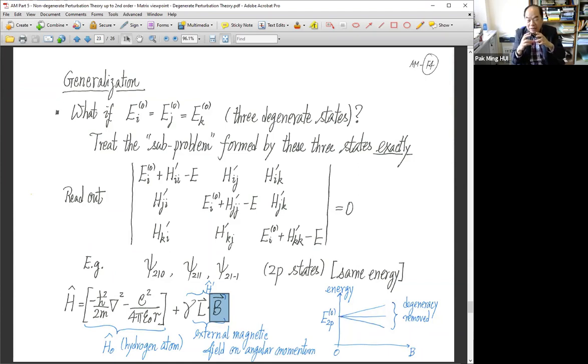Now, after that, you may ask, the other states out there that I haven't focused on should still have some effect on my eigenvalues. Second order pushing. They must be there, right? I first focus on that group, but there are others, okay? Then the mathematical thinking is that after you do this part exactly, you are changing the basis for these three. You put it back, okay?